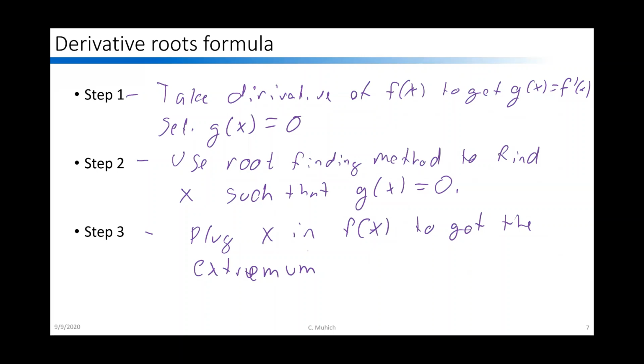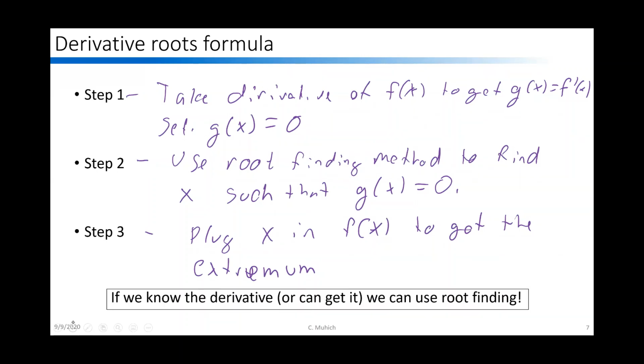So we want to come up with a different method that's going to require only the values that we have with f of x. So once again, if we know the derivative, we can use root finding methods. But if we don't know the derivative, or there's no easy way to calculate g of x, we want to use a different method.